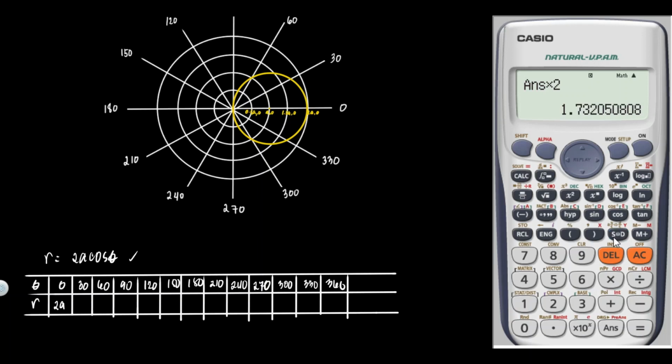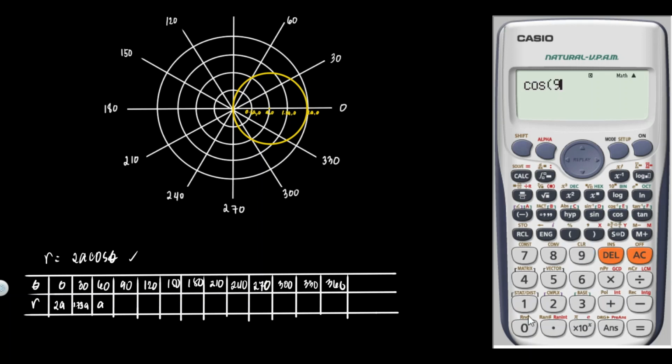So, square root of 3 or 1.73a na lang, no? And what is cosine 60? So, cosine of 60 is 1/2 times 2. Okay, so a na lang, no?